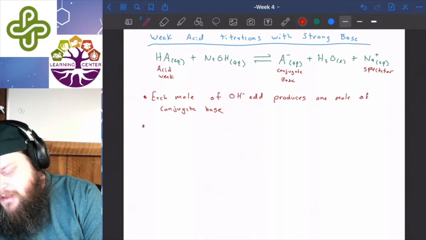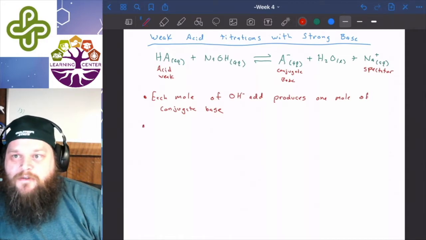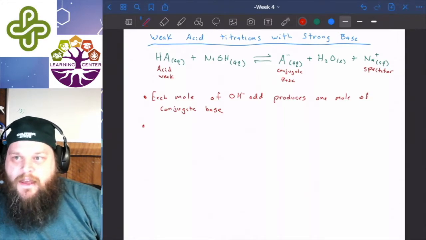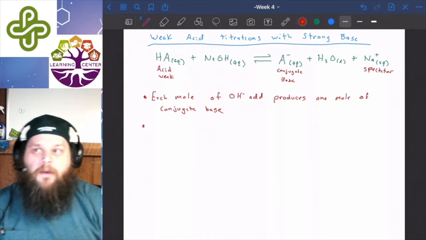We can also say that since the titrated solution contains both a weak acid and the conjugate base, it forms a buffer.